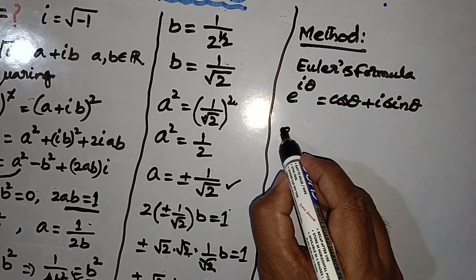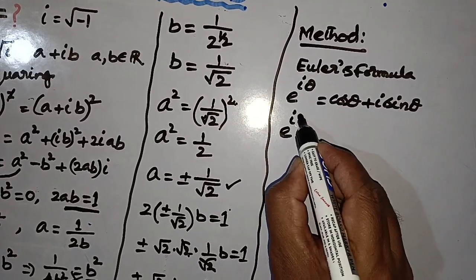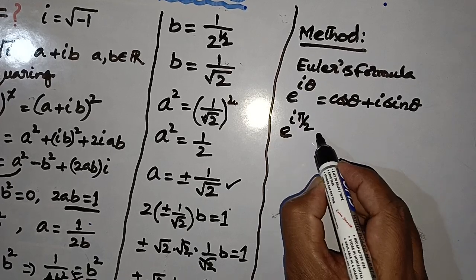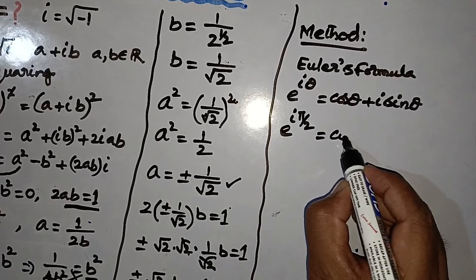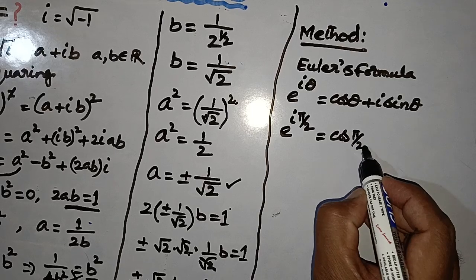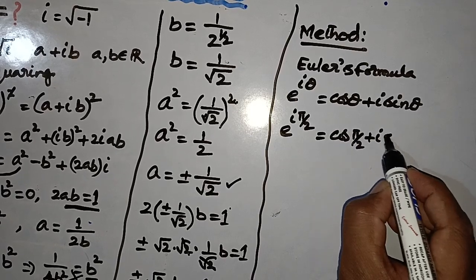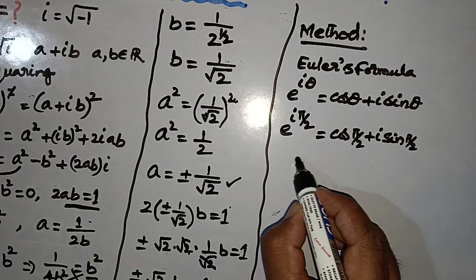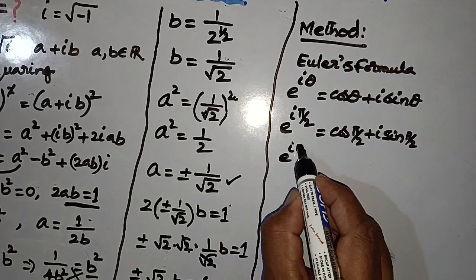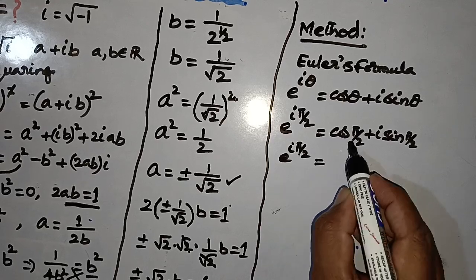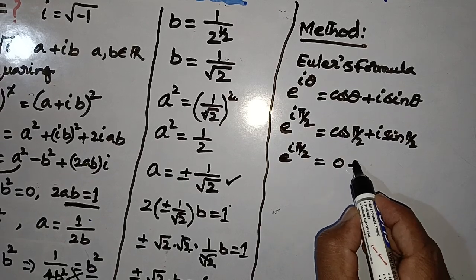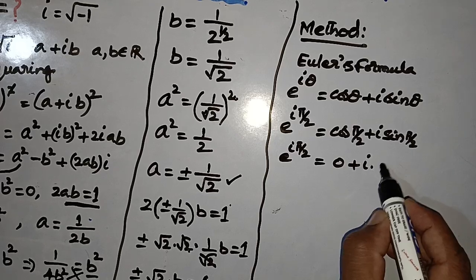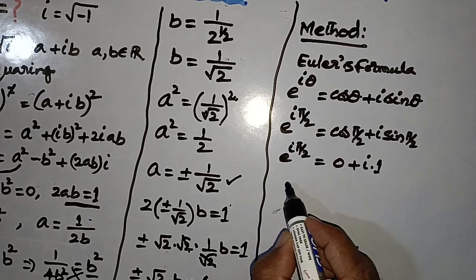And if we take e to the power of i pi by 2, this becomes cos pi by 2 plus i sin pi by 2. So that is e to the power of i pi by 2, cos pi by 2 is 0 plus i into sin pi by 2 is 1.